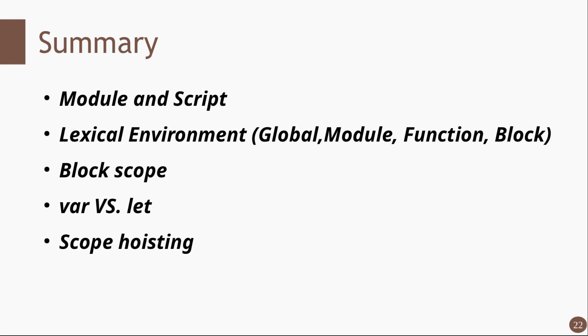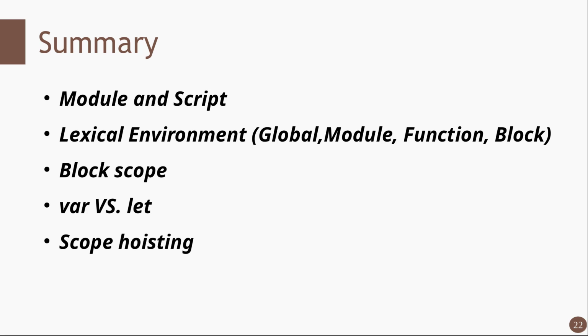At the end of this video, let's make a summary. First, we introduced module and script. No matter module or script, they both support lexical environment. Global environment is unique, storing language features and global objects. Module environment is the top level of a module.